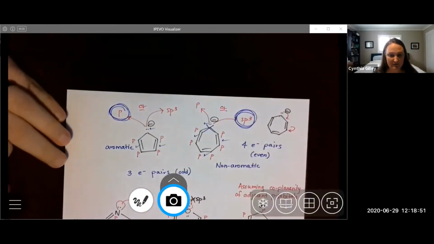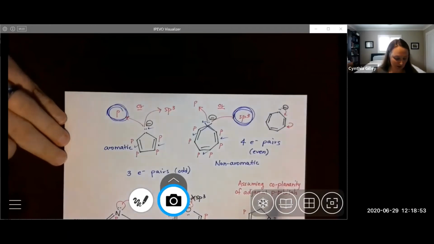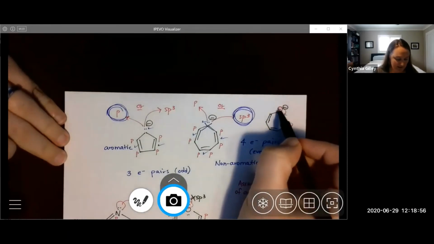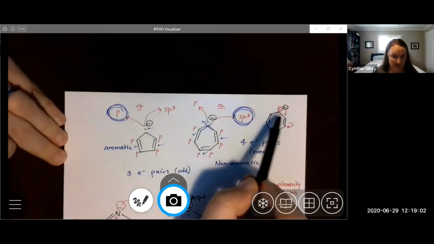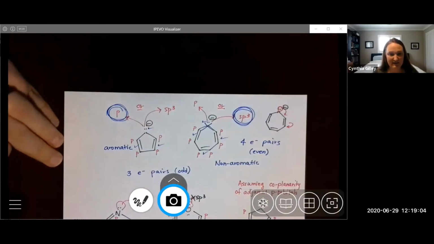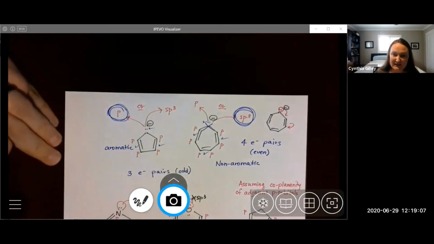They're wrong. Why are they wrong? They're wrong because this lone pair is not in a p orbital. If it is not in a p orbital, it is not overlapping with the p orbital next door, and there's no resonance. It might look like there's resonance, but there is no resonance.